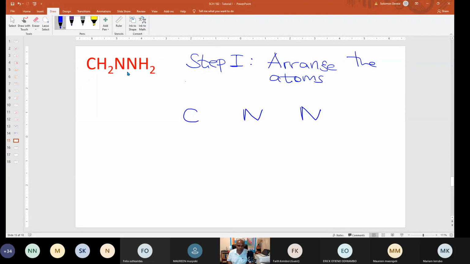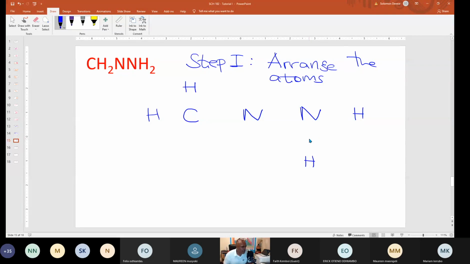On this carbon, we have two hydrogens. And on the other nitrogen, we have two hydrogens.